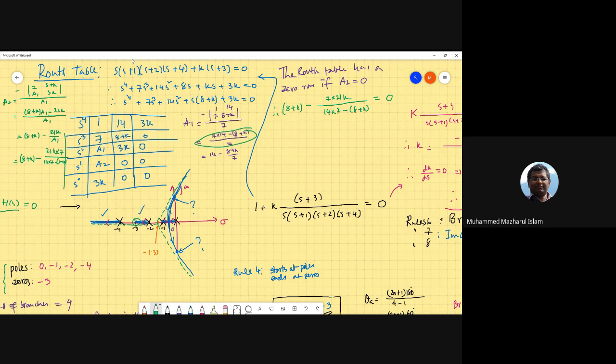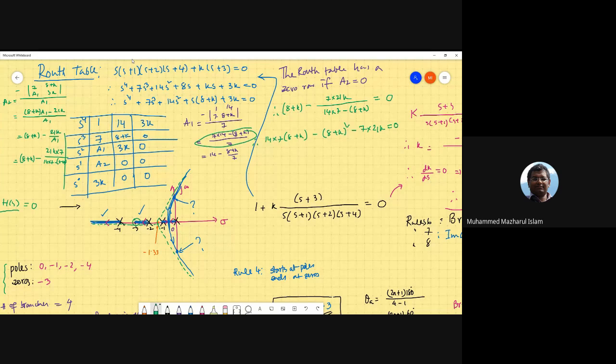কত হবে? 98, right? Cross multiply by 14 into 7 minus 8 plus k. So you'll have 14 into 7, 8 plus k minus 8 plus k whole square minus 7 into 21k equals to 0.